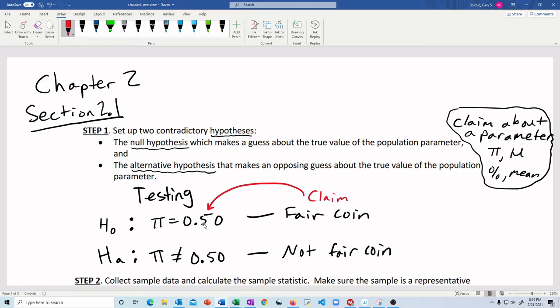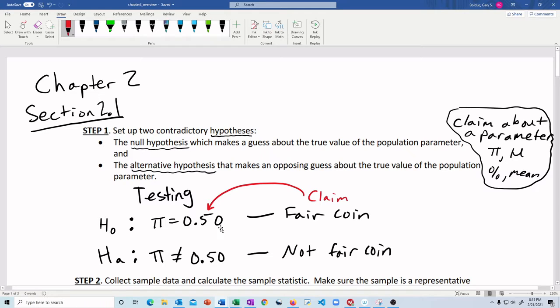Rock, paper, scissors. If people are just randomly throwing, what's the probability you get scissors? 1/3. You put that there. We had problems like in the last homework, where the National Health Survey said that the average height of men from age 20 to 29 was 5 foot, whatever it was. That's a claimed value. That would go in your null hypothesis.